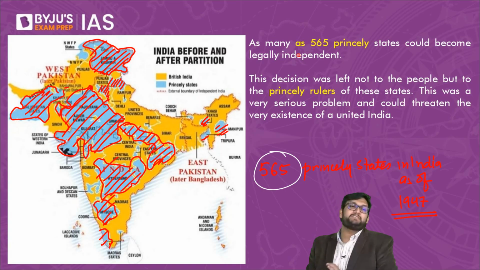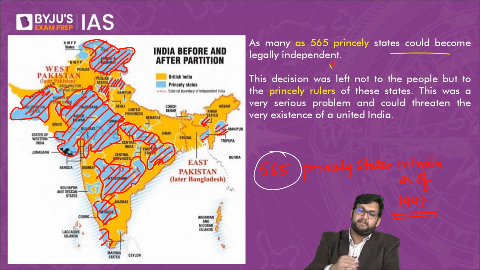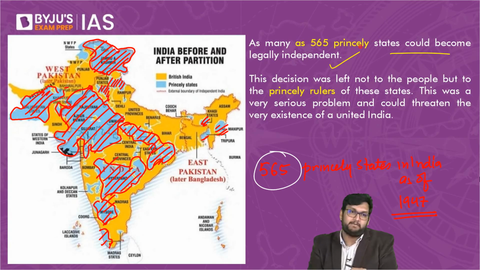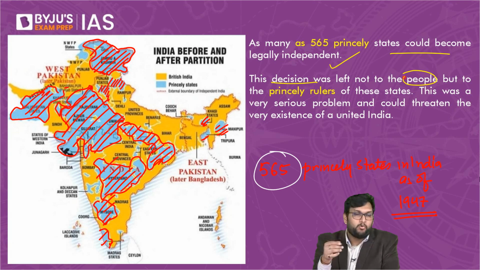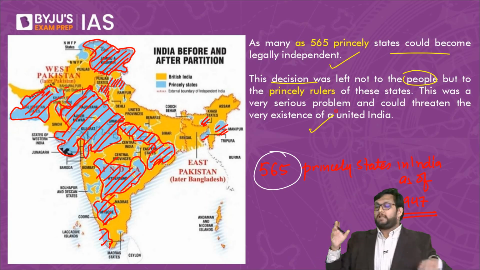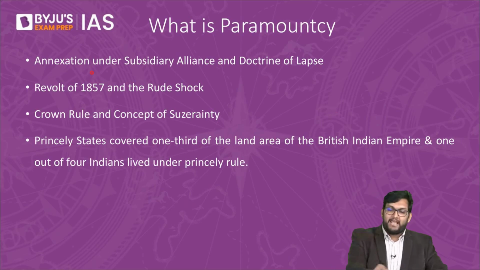As many as 565 princely states were legally independent, and their decision was not left to the people but to the princes, who either wanted to remain independent or become a part of India or Pakistan. The whole concept is based on paramountcy.